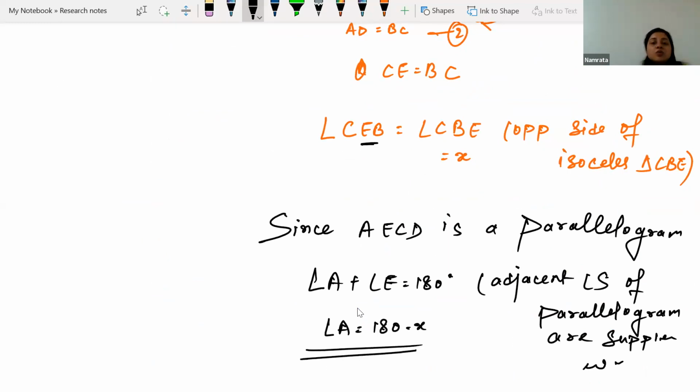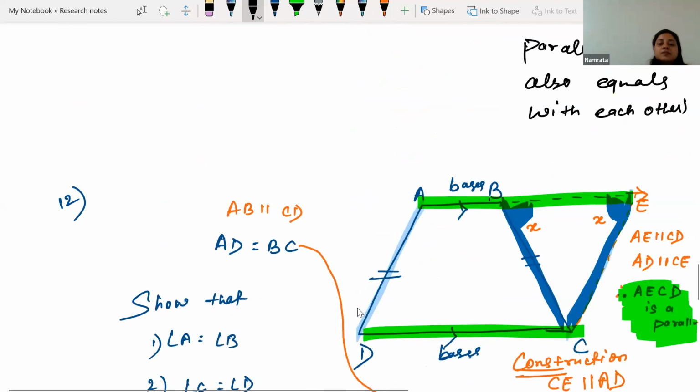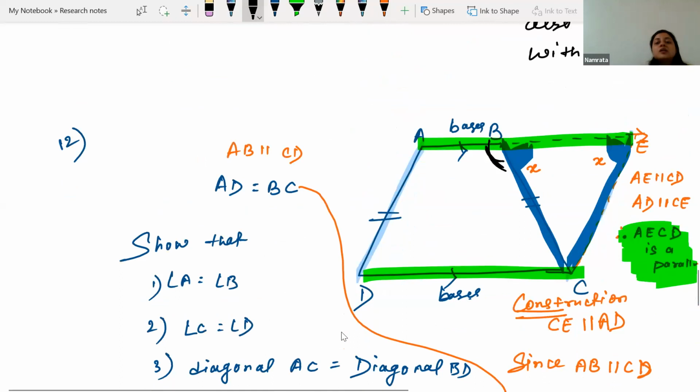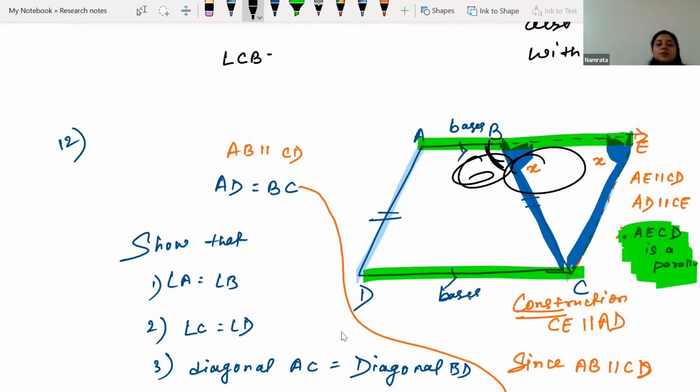Okay. Now what about this angle? We know these two are a linear pair. This x and this one will be the linear pair. We can write over here that angle CBE plus angle CBA is equal to 180 degrees. Why? Because it's a linear pair. We have already assumed that CBE is equal to x.